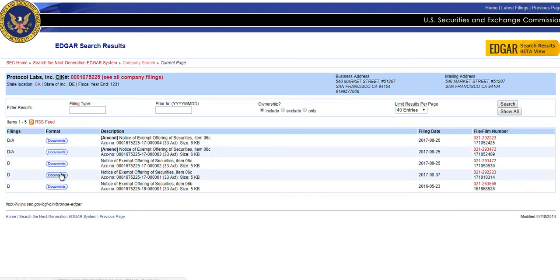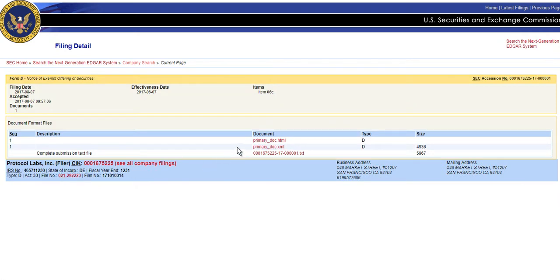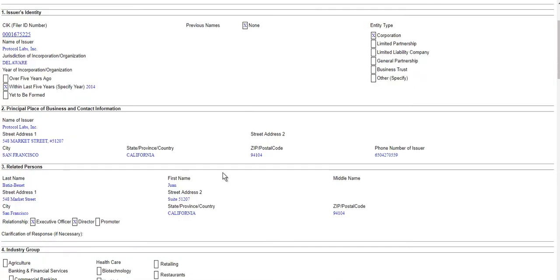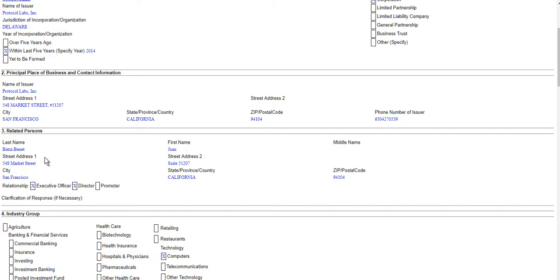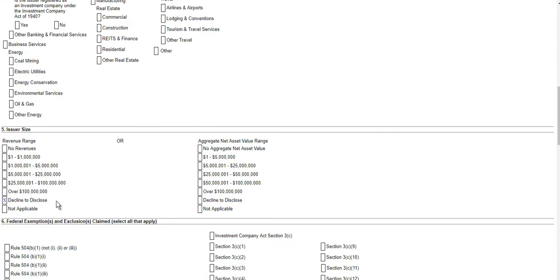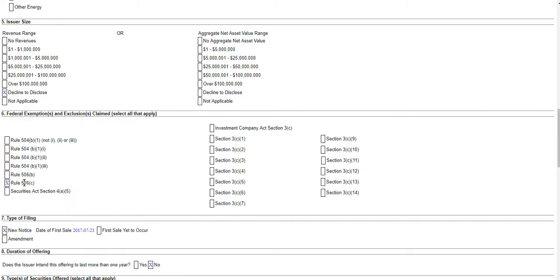We'll just grab the first 506C, and you can use this document, the HTML, and you get all the data. So this is what a Reg D filing looks like. You've got the people who filed it and so forth, and you've got rule 506C.